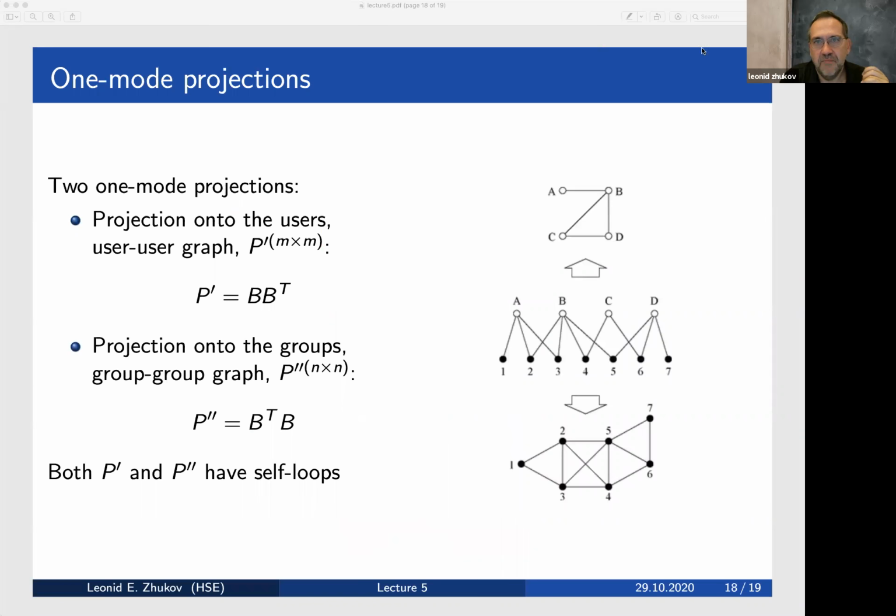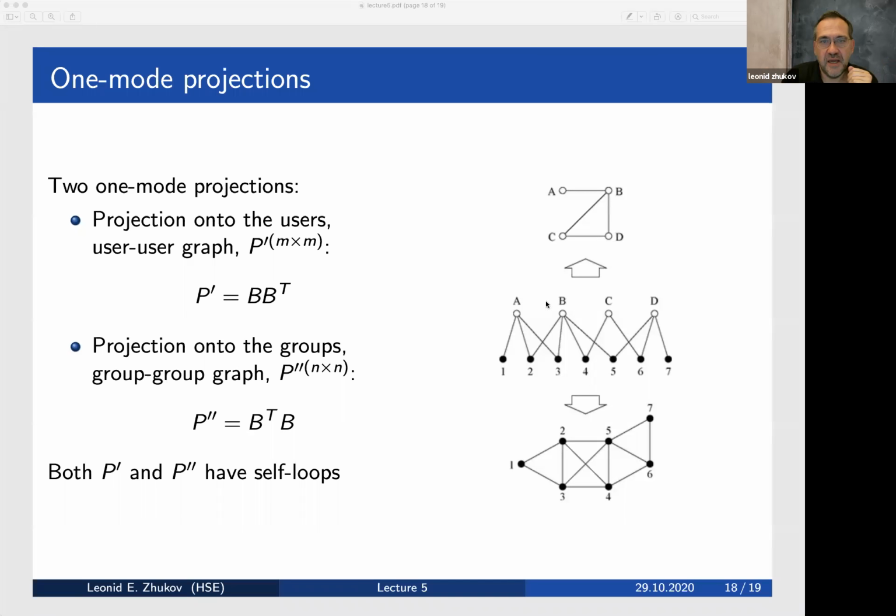But the most important and most useful property of bipartite graphs is called a one-mode projection. Let's say our bipartite graph is about authors and the papers they wrote.